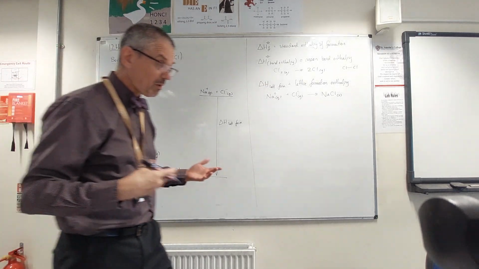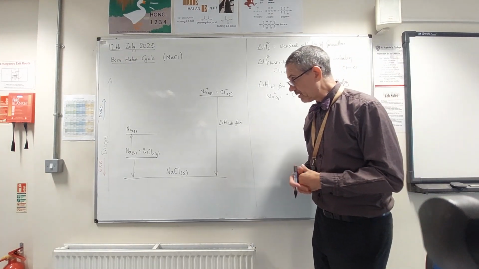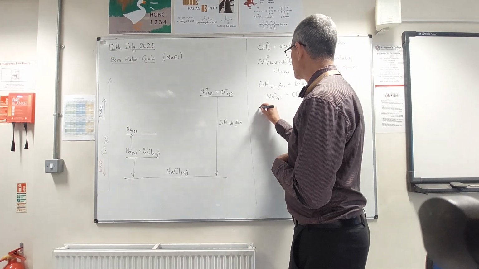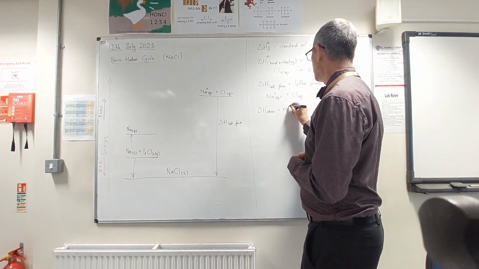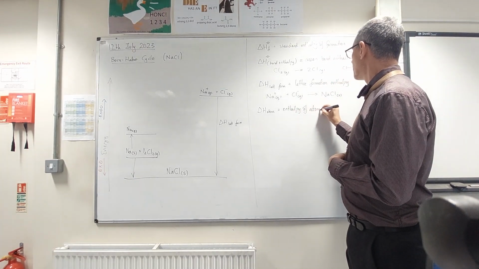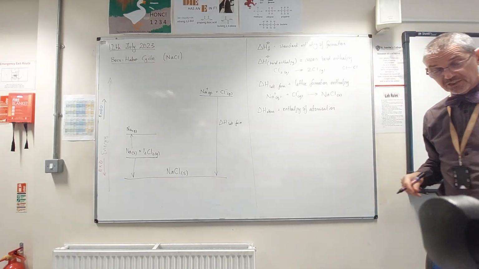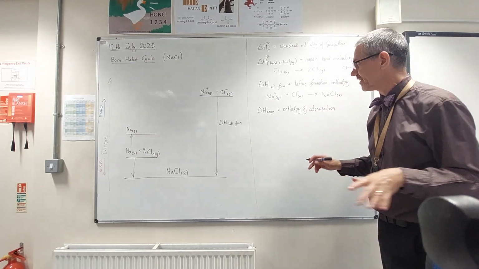Now, you might go, okay, first I have to melt it and then I have to boil it. But there's a quicker route which we can take, which is the enthalpy of atomization. Enthalpy of atomization makes 1 mole of gaseous atoms from anything.